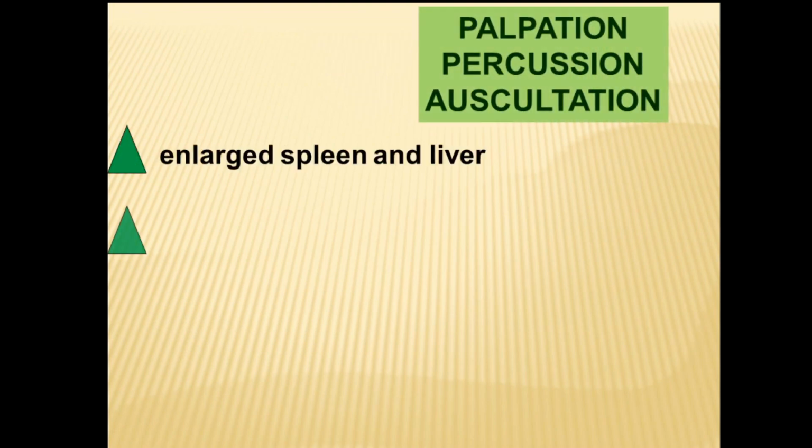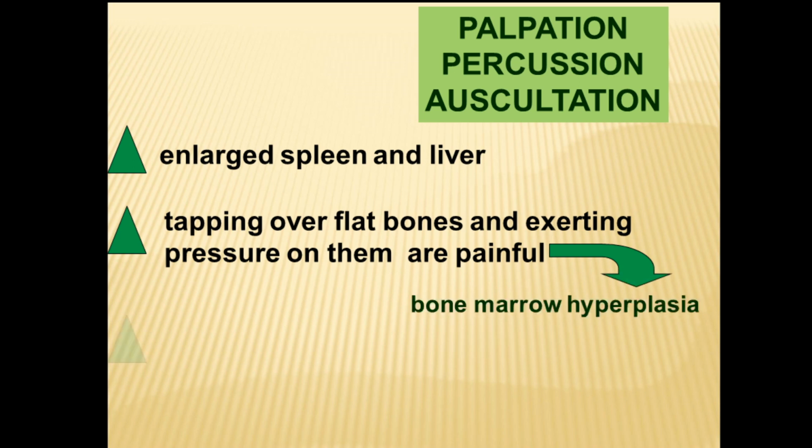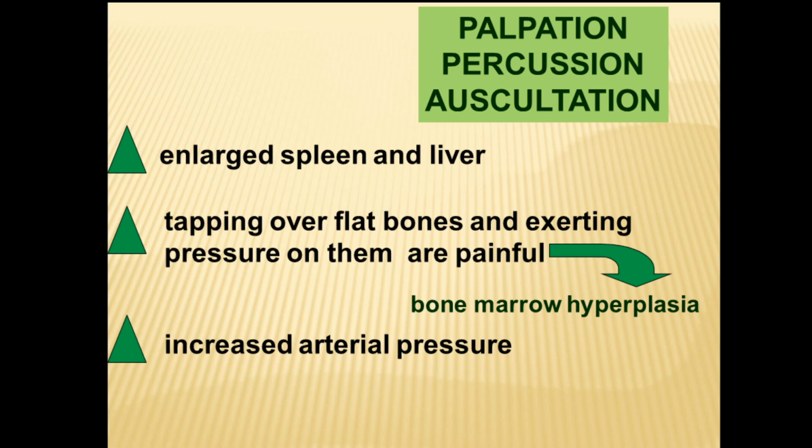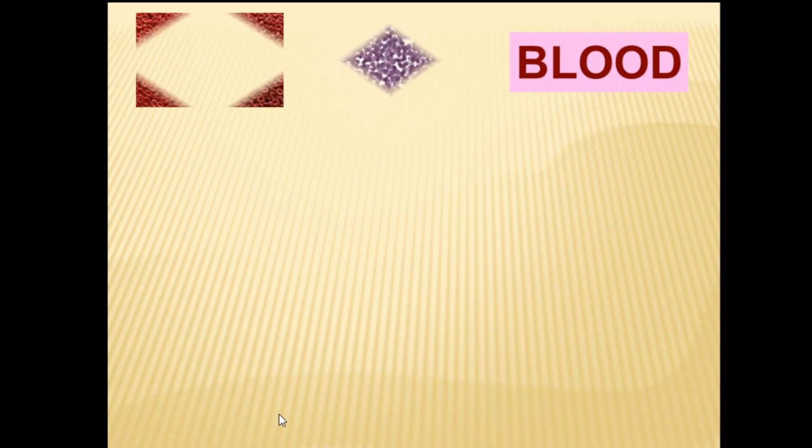On palpation, percussion and auscultation we reveal hepato- and splenomegaly, painful tapping of flat bones due to increased hemopoiesis and bone marrow hyperplasia, and increased blood pressure, which primarily may be assessed as arterial hypertension. And only blood analysis helps you to clarify the disease.